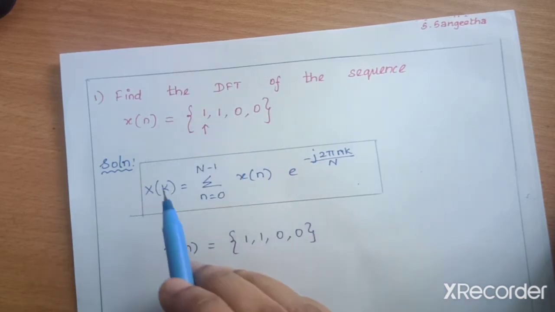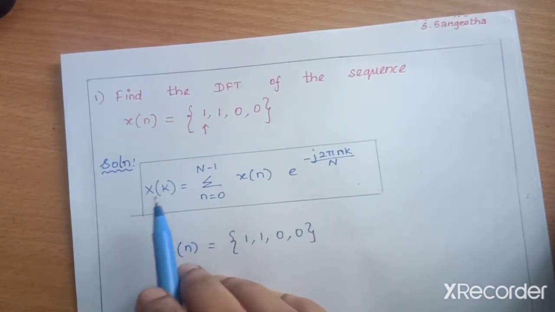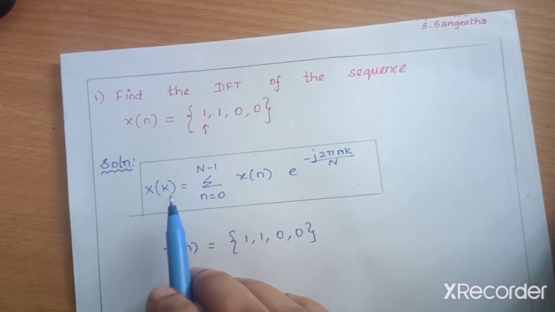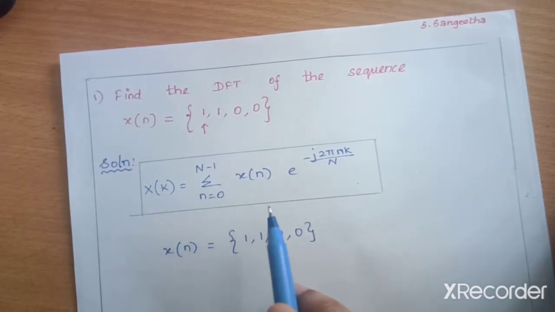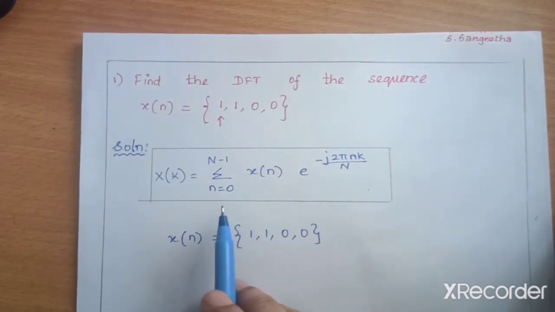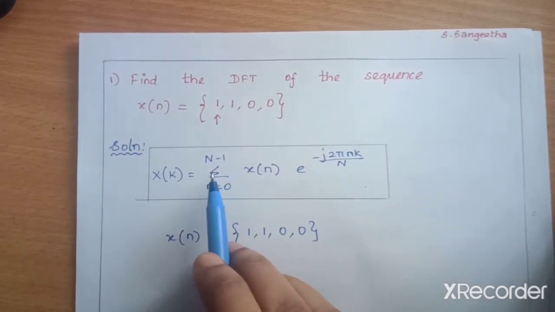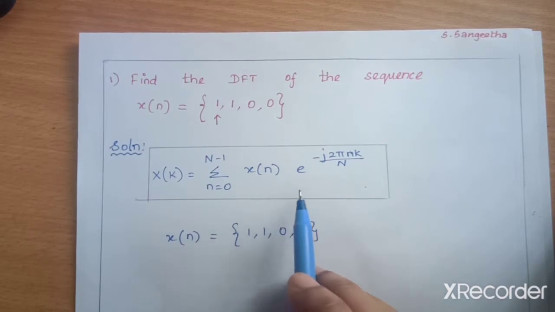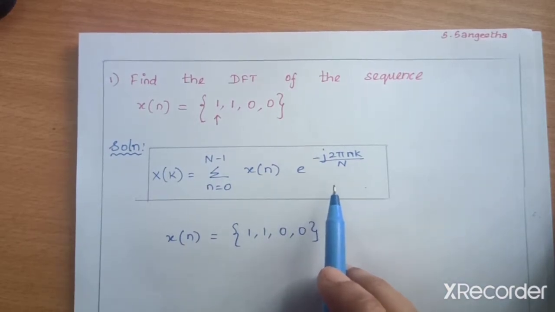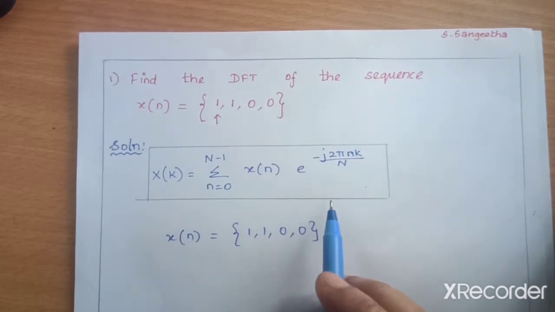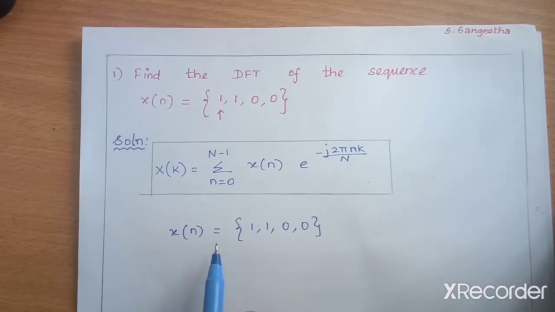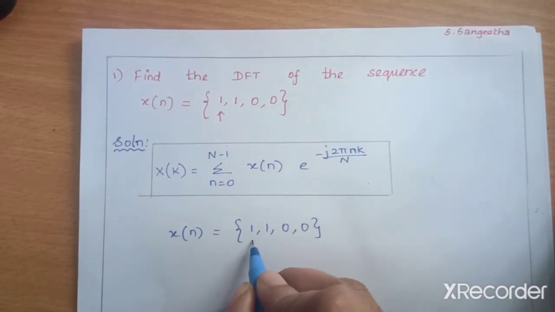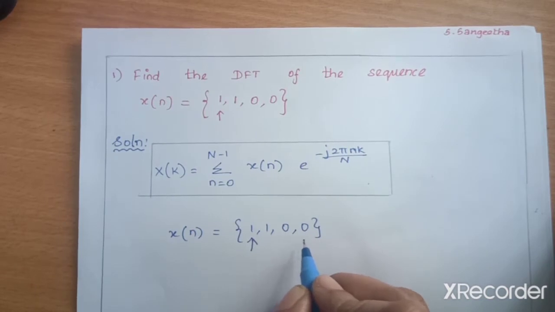So for finding DFT, we have the formula capital X of k. You have to find the capital X of k. The formula is capital X of k is equal to summation of n is equal to 0 to capital N minus 1 x of n e power minus j 2 pi n k by capital N. In the question x of n is given, which is equal to 1, 1, 0, 0.